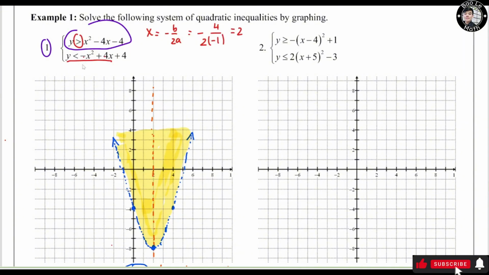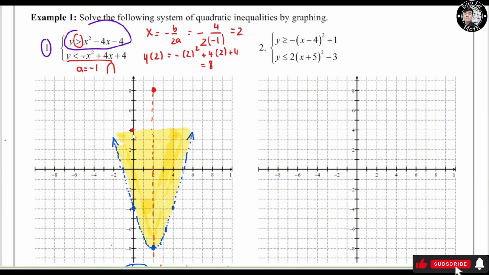Now a equals negative 1, so the graph opens downward. And for the vertex, y of 2 equals negative 2 squared plus 4 times 2 plus 4. It's going to be 8. So x equals 2, y equals 8 is going to be right here. Now the y-intercept, we just let x equals 0, y equals 4. So it could be right here.